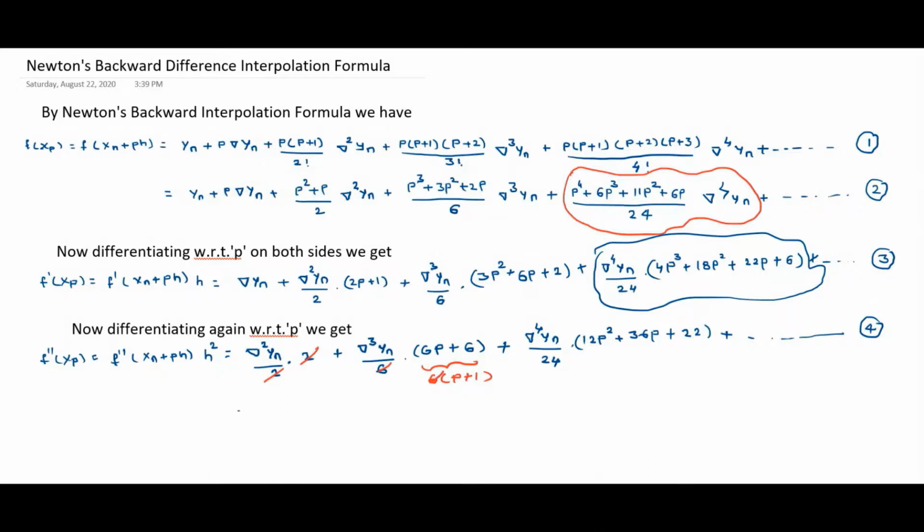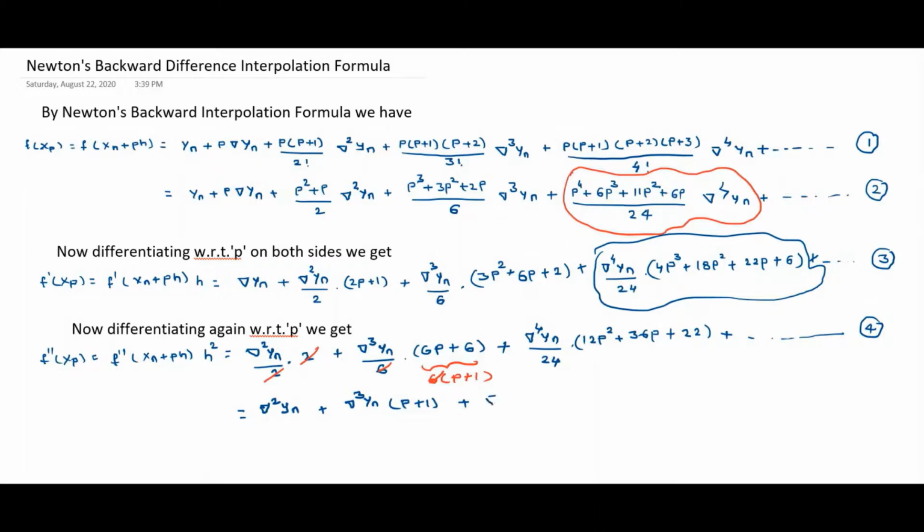So write down the remaining terms. So the remaining terms are equal to del square yn plus del cube yn into p plus 1 plus.